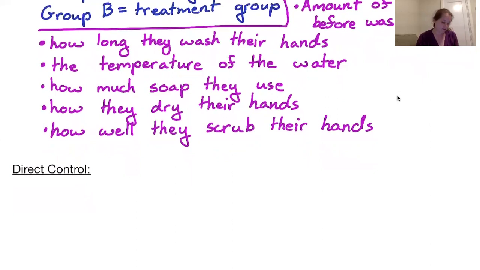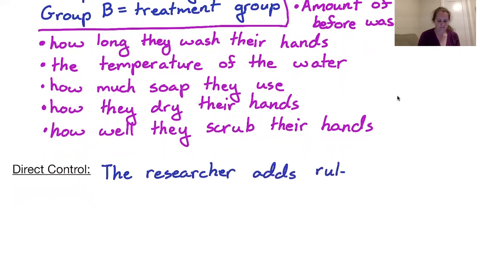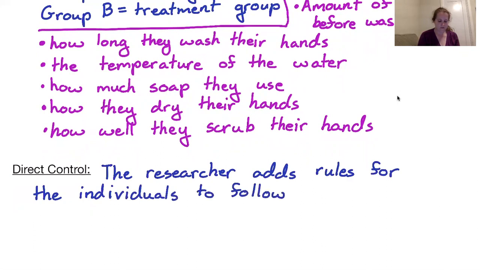So, for direct control, the researcher adds rules for the individuals to follow to try to counteract the confounding variables.